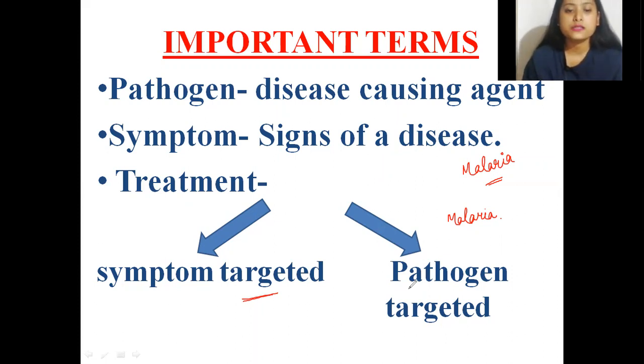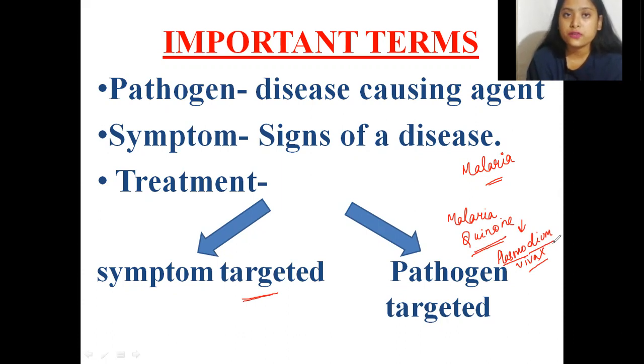If you are suffering from malaria and you have consulted a doctor, who has diagnosed it, then rather than lowering your body temperature, you take a particular drug, say for example quinine. This drug is going to act against the pathogen which has attacked you, that is Plasmodium vivax, a protozoan responsible for malaria.